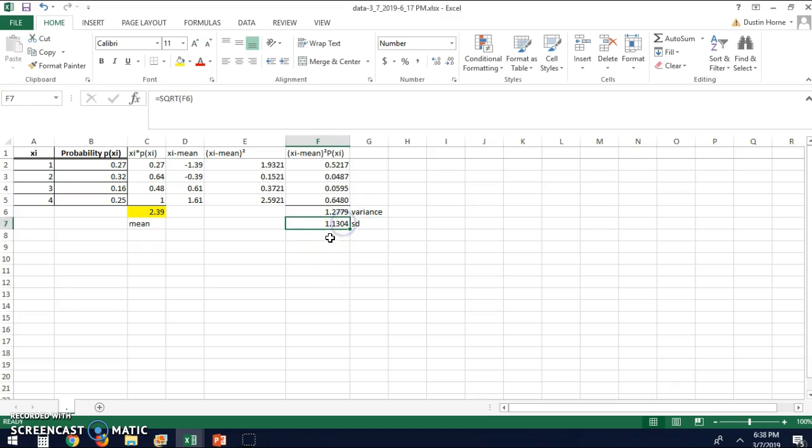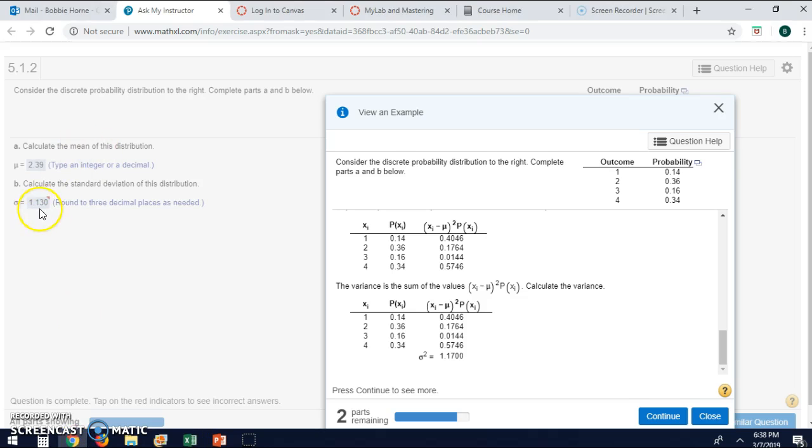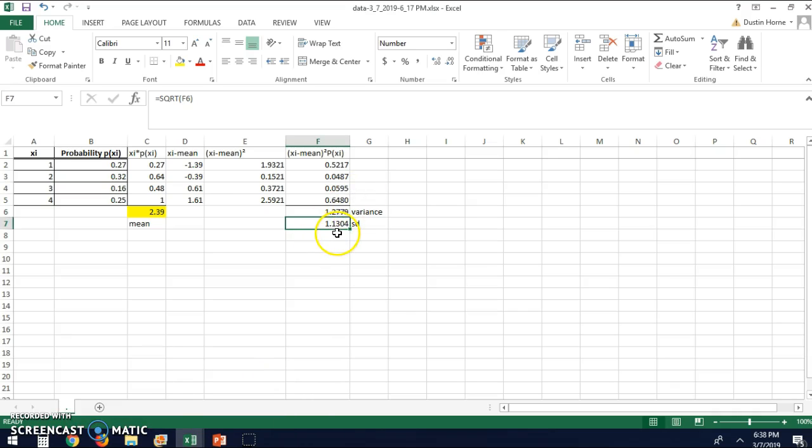But when you get this number, the homework wants you to round it to 3 decimal places, and that's how you get the 1.130. So again, if you didn't round to 4 decimal places here, that could potentially cause you to be off more than my stat lab will allow.